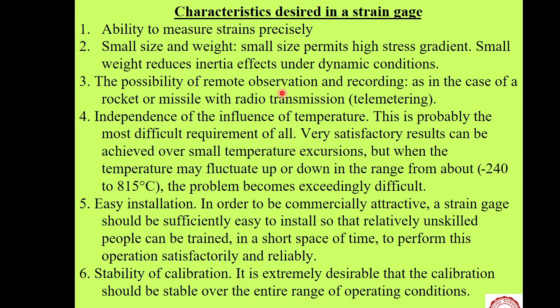Now the desired characteristics. These are the requirements desired in a strain gauge: ability to measure strain precisely, small size, small weight, possibility of remote observation, independence from the influence of temperature, easy installation, stability of calibration, etc. These are the requirements, although they are very difficult to maintain.